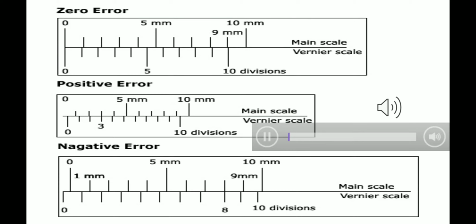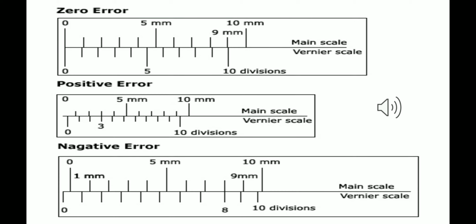Here in this slide, we are going to see what a zero error is, and if there is a zero error, how to take the accurate reading. Normally, if your vernier caliper is perfect, there will be no zero error. Now, what is zero error?